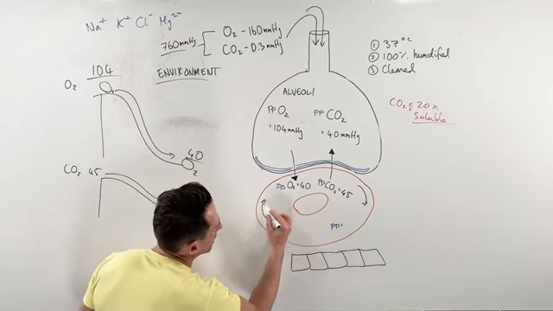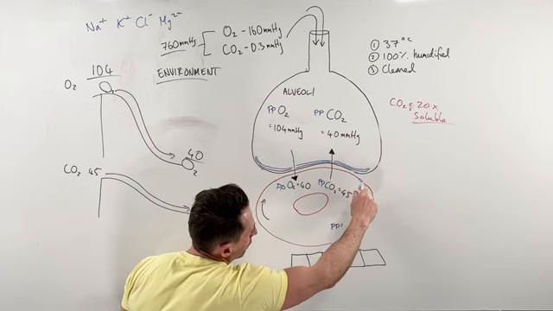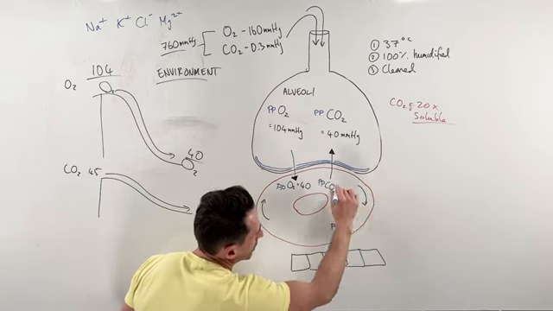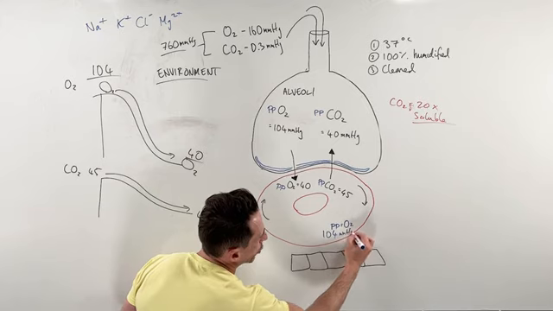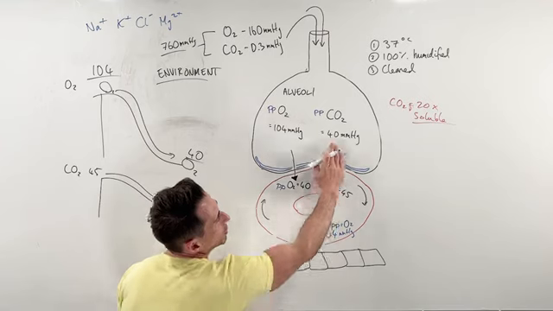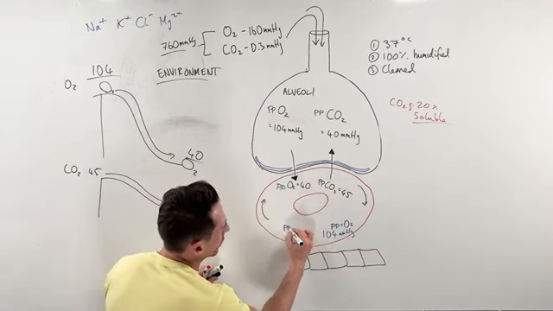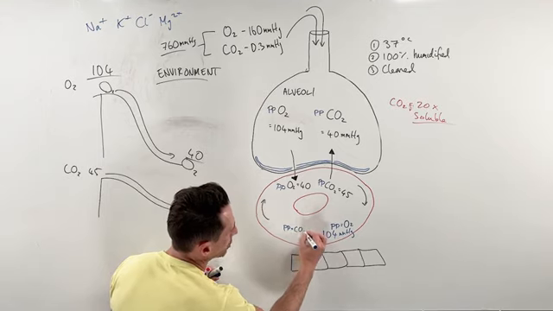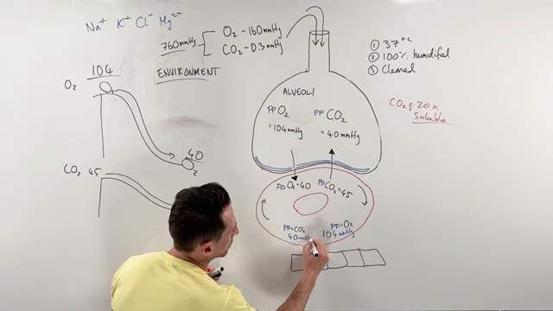It's 40 as it's coming in, but now we're adding gas. So what we're going to find is that the partial pressure of oxygen coming through is 104 millimeters of mercury in the blood, right? The carbon dioxide, it's losing some. So it's not going to be 45, it's going to be 40. So the partial pressure of carbon dioxide is going to be 40 millimeters of mercury.